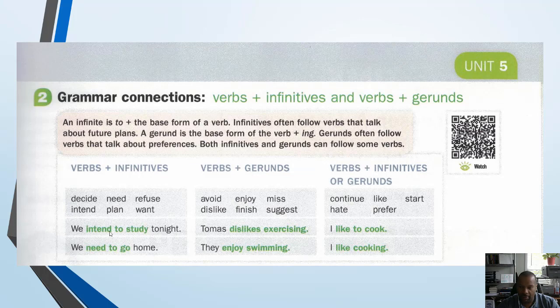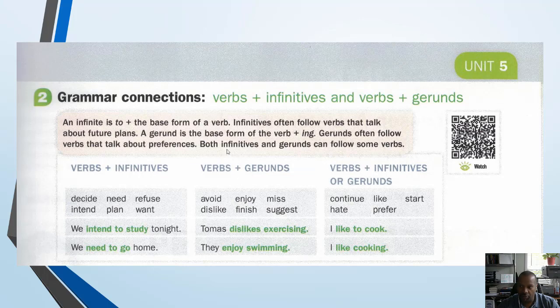We plan or planned to study tonight. We want or wanted to study tonight. And then the same here: we need to go home. We can take any of these verbs and put it in the place of need, and as long as we have to plus the base form of the verb, we now have an infinitive.